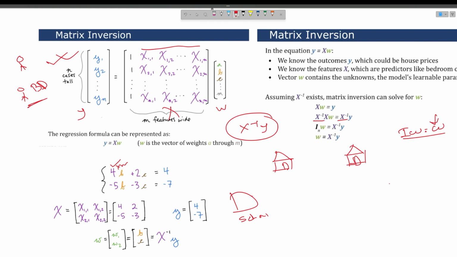The distance from this house is 4 kilometers, and for the other, although it's not realistic, just assume the distance from this is minus 5 kilometers. In real life it would have been 5 or something, but I'm just assuming it as an example. So it's the distance from the school for the houses, house 1 and house 2.